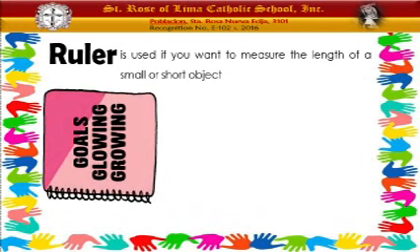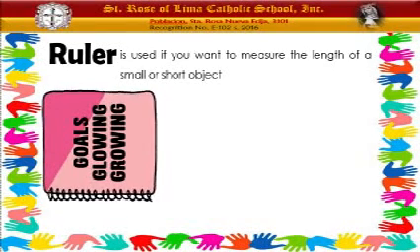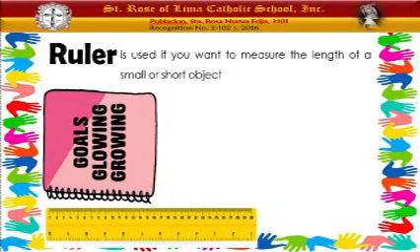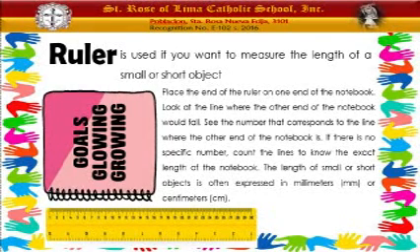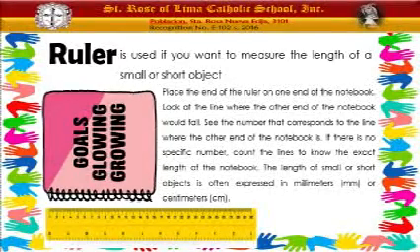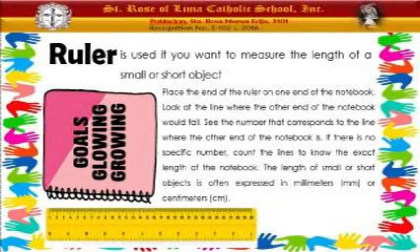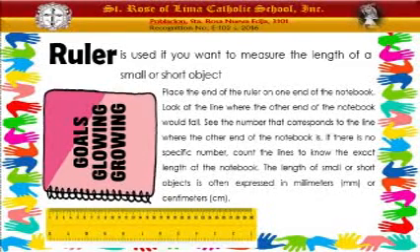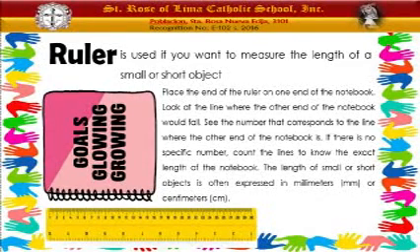So for example, we are going to measure a notebook. So we have here the ruler. So in measuring the length of your notebook, we have to place the end of the ruler on one end of the notebook.